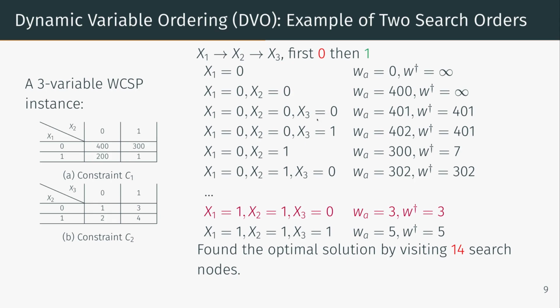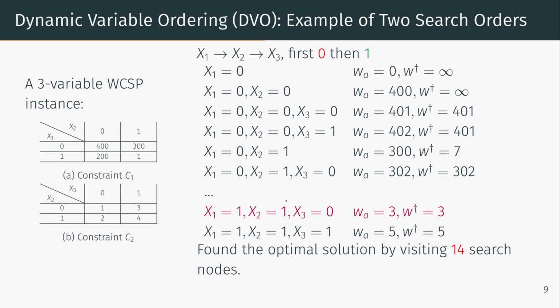And we backtrack to x2 equals 0 and make the next assignment of x3, which is x3 equals 1. So now we look at the table again. We have WA equals 402 and W-dagger is 401. Because 401 is smaller than 402, we don't change that. And then we backtrack and update x2 and do the same step here and then here.